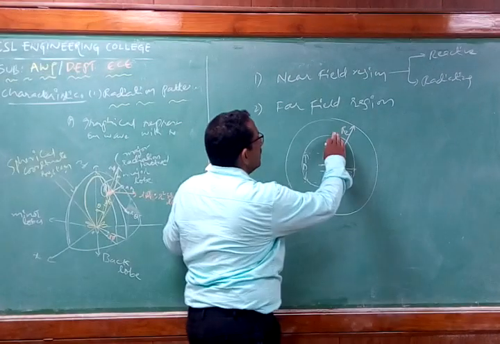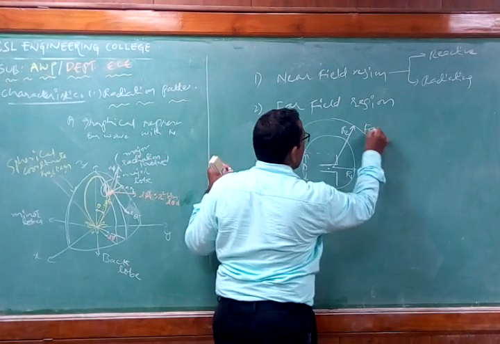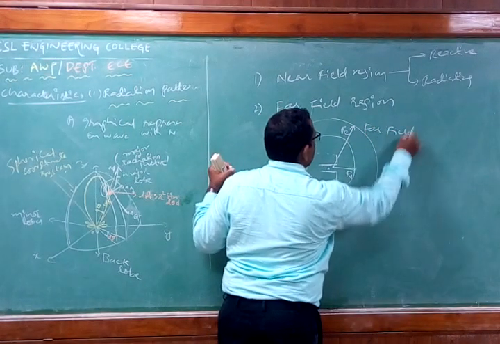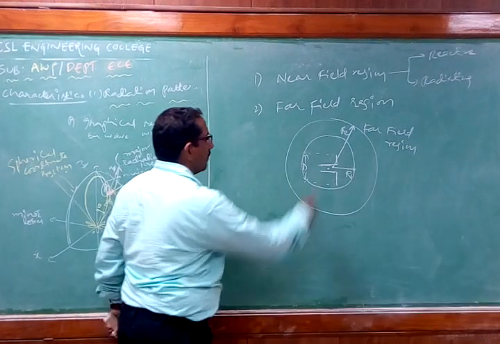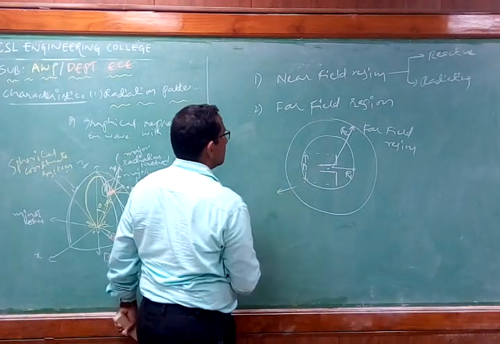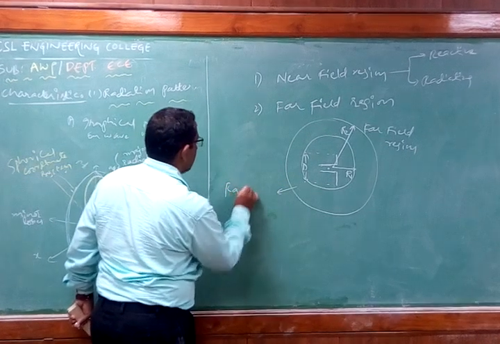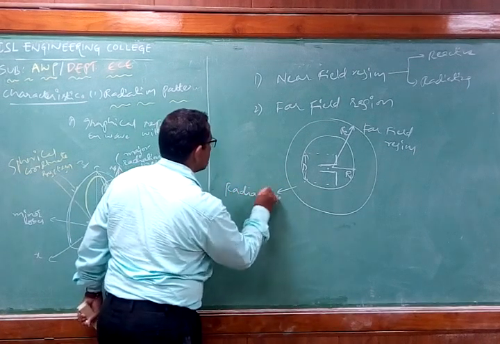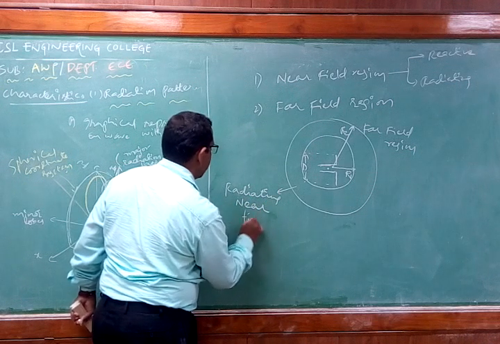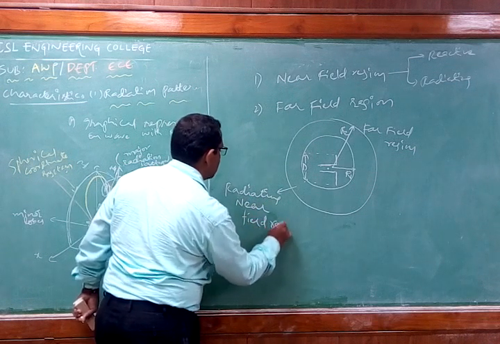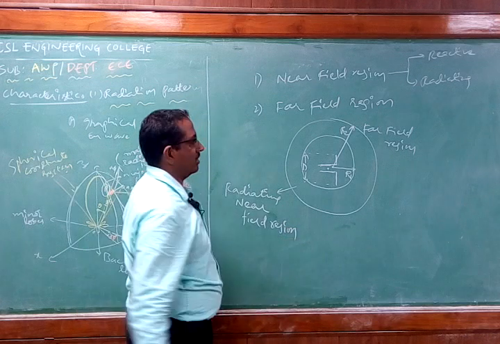The region above R2 is known as the far field region. The region in between R1 and R2 is known as the radiating near field region.